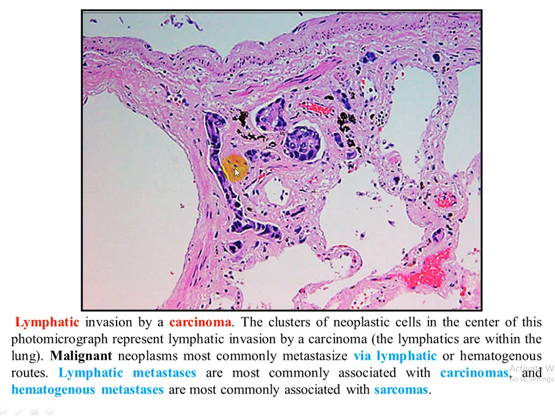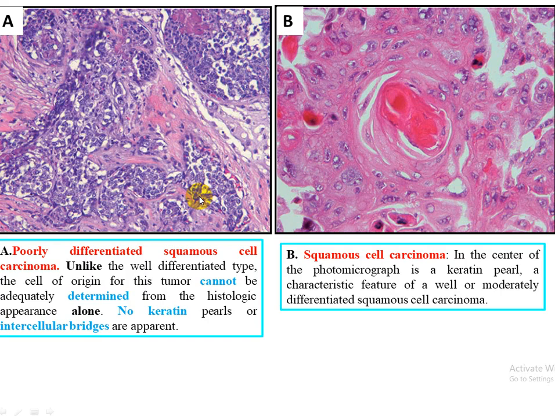Mostly, epithelial malignant tumors metastasize through the lymphatic vessels, while mesenchymal malignant tumors metastasize through the blood vessels, or hematogenous route. This is a typical example of lodging of a malignant tumor mass in the pulmonary lymphatics.